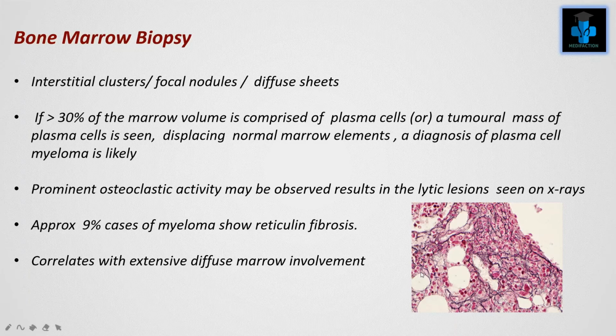Prominent osteoclastic activity may be observed, resulting in lytic lesions seen on X-rays, which we have seen on the previous slides. Approximately 9% of cases of myeloma show reticulin fibrosis, like this, and it correlates with extensive diffuse marrow involvement.